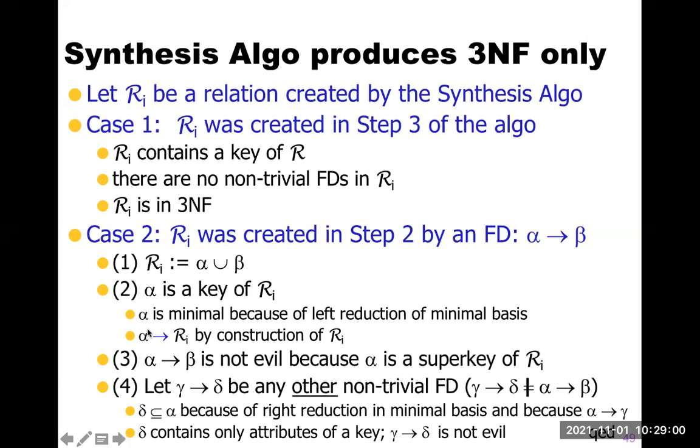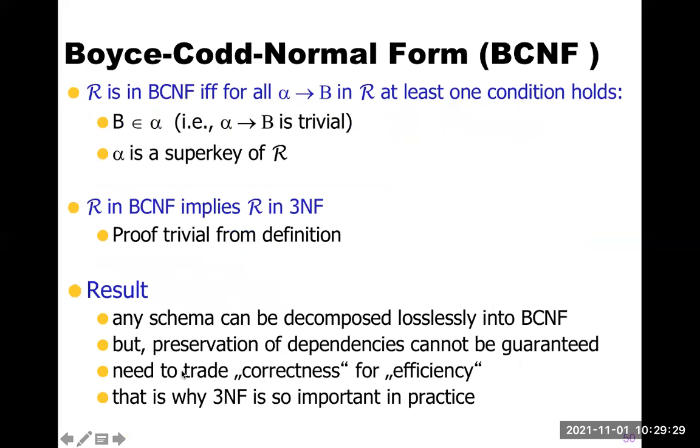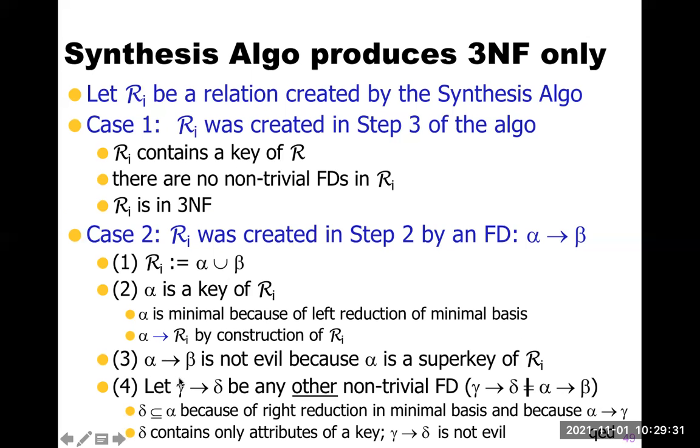Alpha is a key, and by construction of this table, alpha arrow to B is this dependency. Alpha to beta does not violate anything because alpha is a super key of this small table.